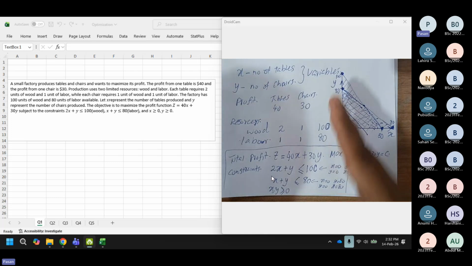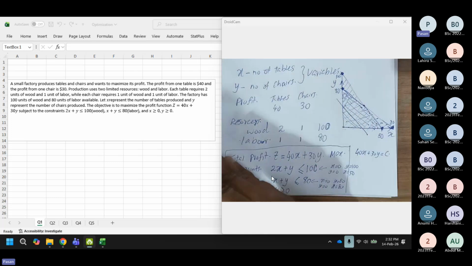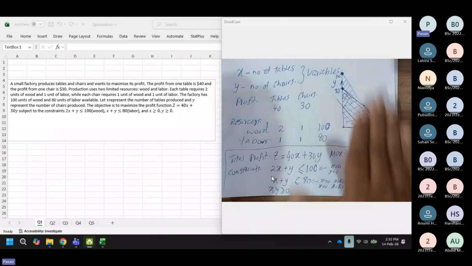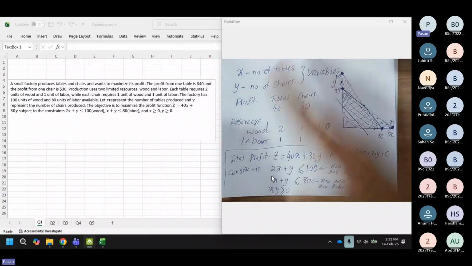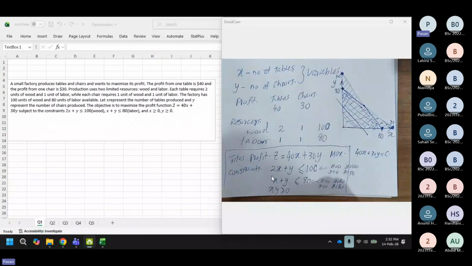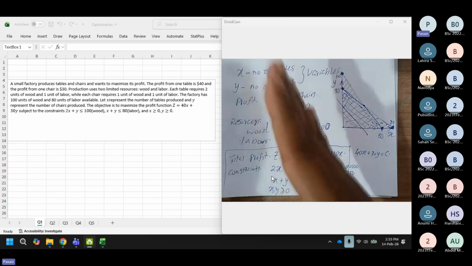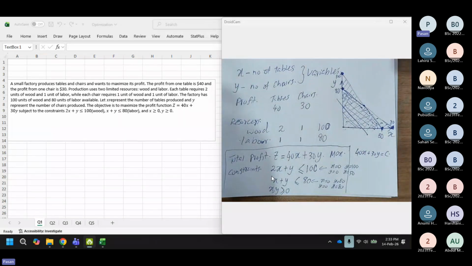So that means now I can move that line up and down throughout this region, right? Once you are moving that line throughout this region, theoretically we can find out that the maximum point will become the last point that this line will leave the region, right?